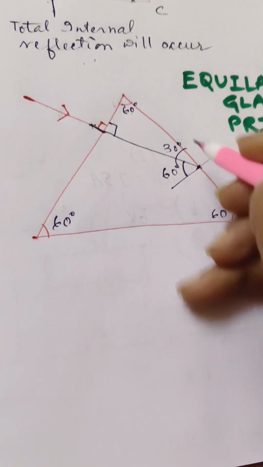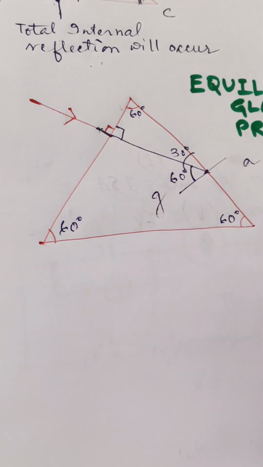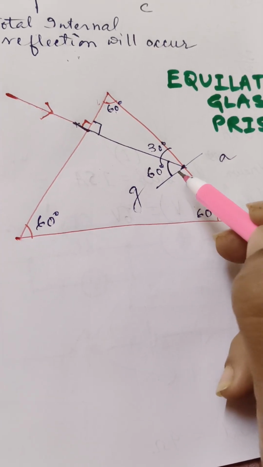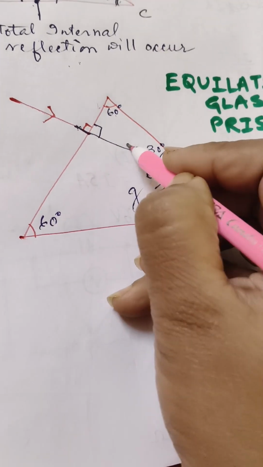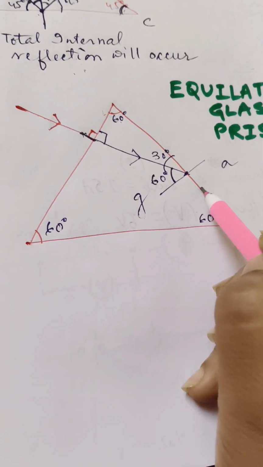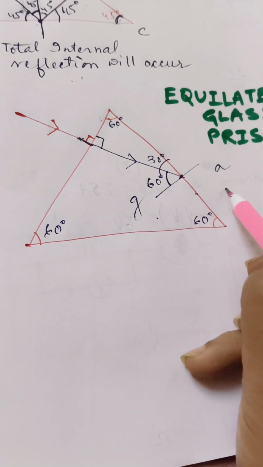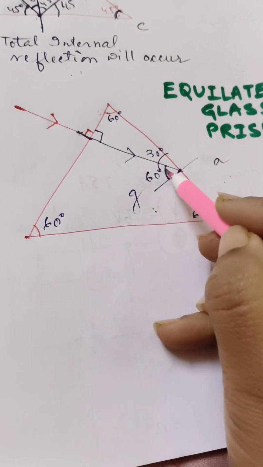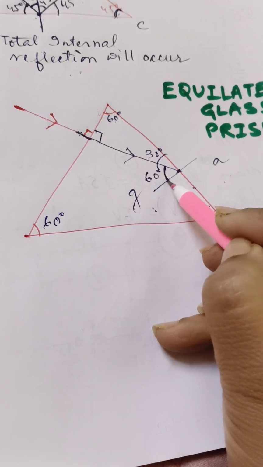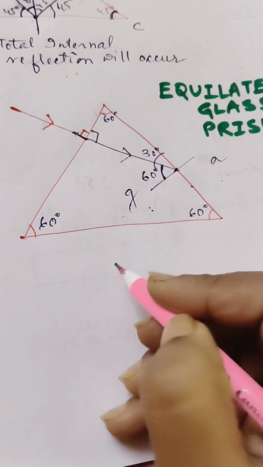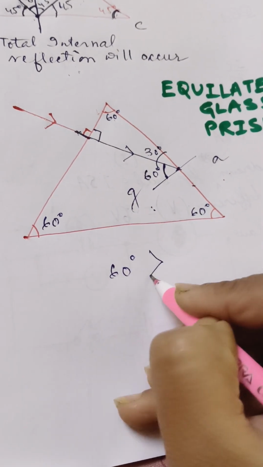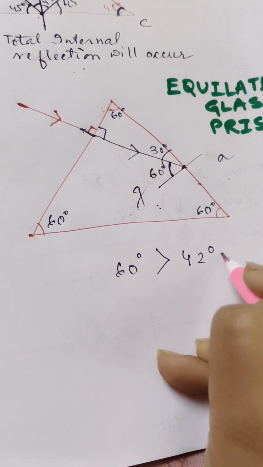Again, you know, from glass to air, when the ray of light is trying to come out of this refracting surface, it is moving from denser to rarer medium, and in the denser medium, the angle of incidence is 60 degree. Again, 60 degree is greater than obviously 42 degree.